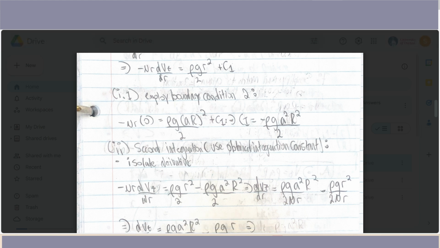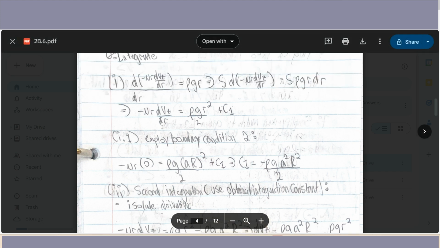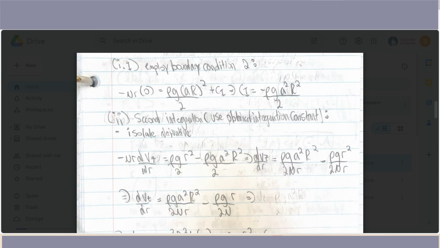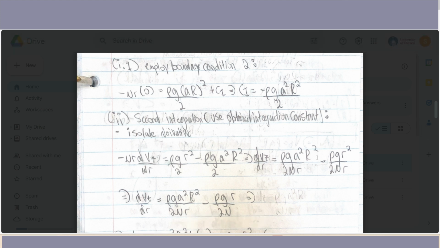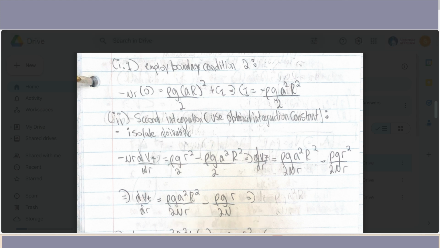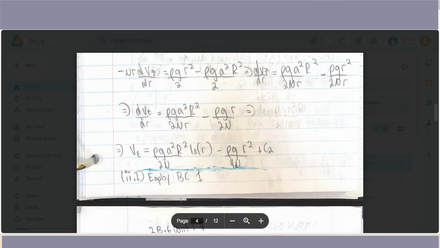So no, this is right. So now you just plug C1 into here, and then you isolate the derivative, which I did here, and you separate and integrate.